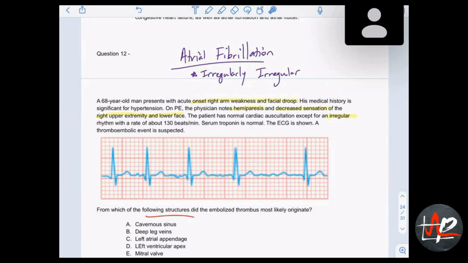The easiest thing here is to look at the RR interval. This is exactly how I dissect these EKGs: I look at the RR interval and see that it's different lengths between each heartbeat. If you see no P waves and the RR interval is different, you've got your diagnosis of AFib.